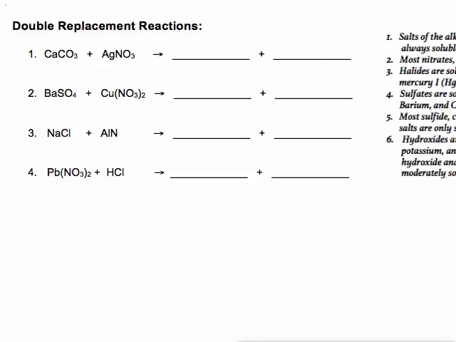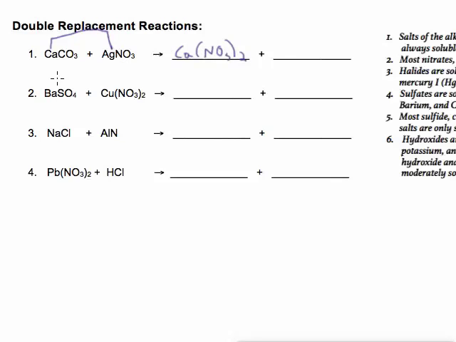In a double replacement reaction, the 2 metal cations switch places. So calcium is going to go with nitrate. When we drop and swap, we get calcium nitrate. And silver is going to go with carbonate.